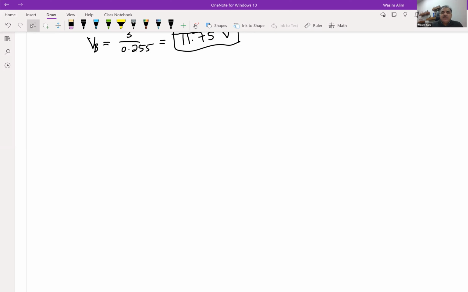The other method that we're going to be using is the mesh current method, which is the second technique, and they're used sort of hand in hand. Sometimes some circuits are better suited for one technique versus the other, or in some you can use either. And I'll show you some examples where you can identify that one is better suited.